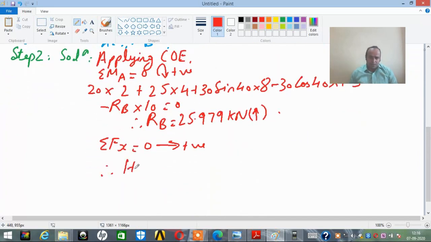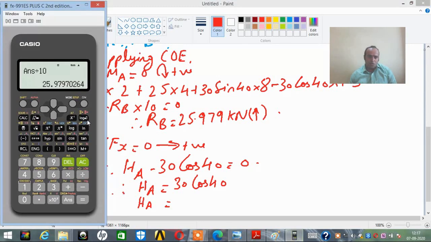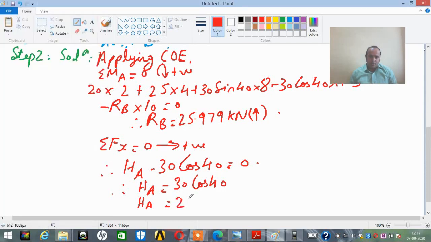Therefore HA is equal to 30 cos 40, which is 22.981 kilonewton, acting towards the right-hand side.